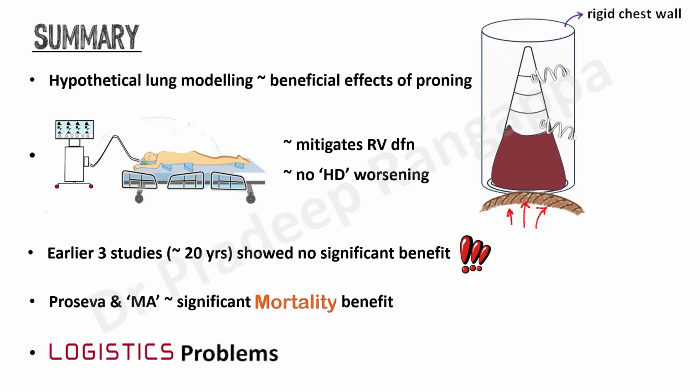One needs to take care of all the checklists and steps for proning, and be sensitive and cautious about the logistics of removal of CVC lines, arterial lines, displacement of ET tubes, migration of the Ryle's tubes, and so on and so forth, in the back of the mind whilst addressing this proning situation. So that's a brief overview. Thank you one and all.